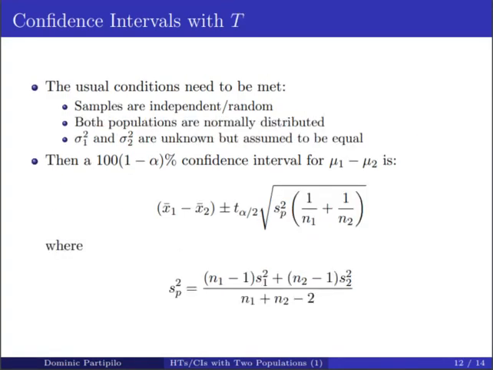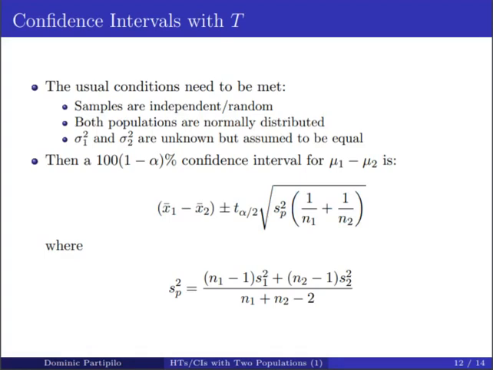So when we're using t instead of z, we're going to have the same thing where we need to have an independent random sample, but now both populations need to be normally distributed, and the two population variances need to be unknown but assumed to be equal. And then our confidence interval for the difference in means is going to look something like this.